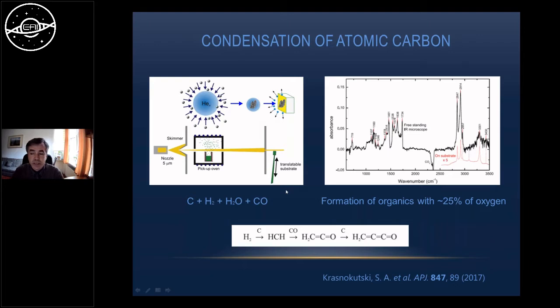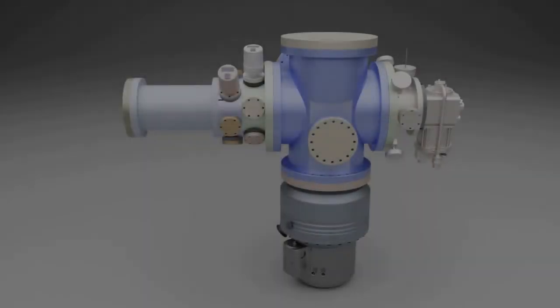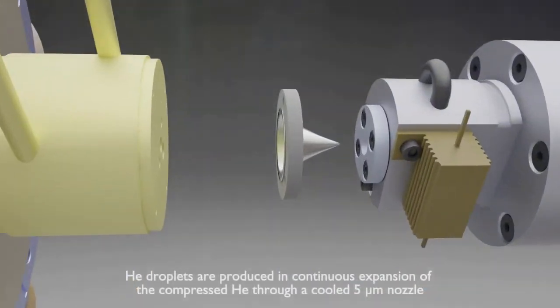So to overcome this technical problem and to be able to experimentally follow the pathway of a chemical reaction, we developed an experimental technique, which I can demonstrate to you with this video. So we have formation of a helium droplet in the vacuum chamber.